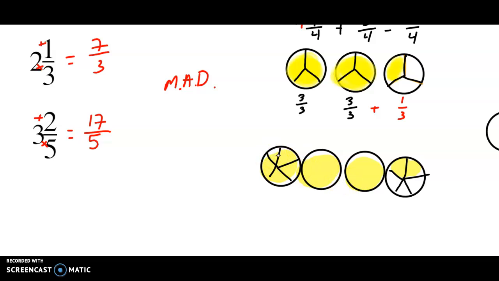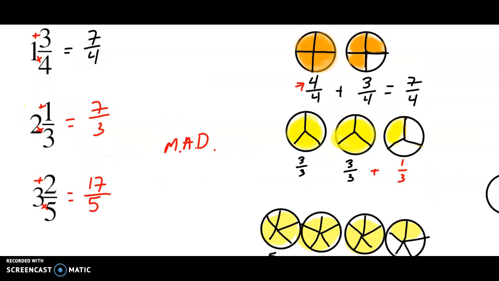Ooh, fifths are hard. 1, 2, 3, 4, 5. So 5 plus 5 plus 5 gives me 15. 3 times 5 is 15. Plus the 2 I have here gives me 17/5.